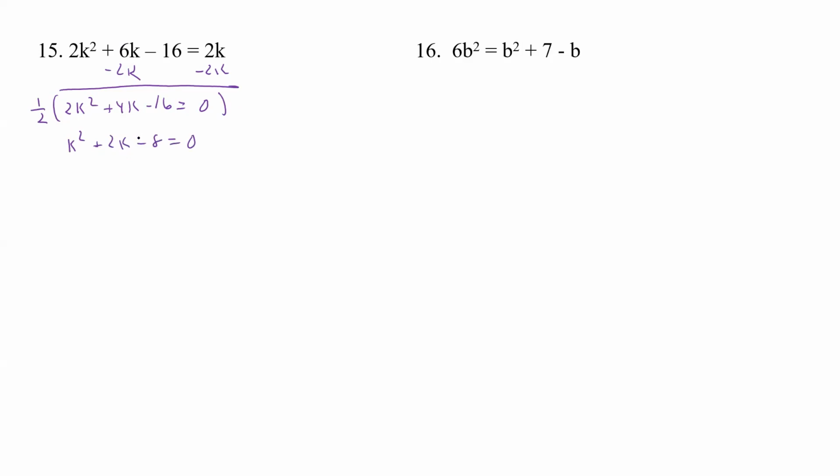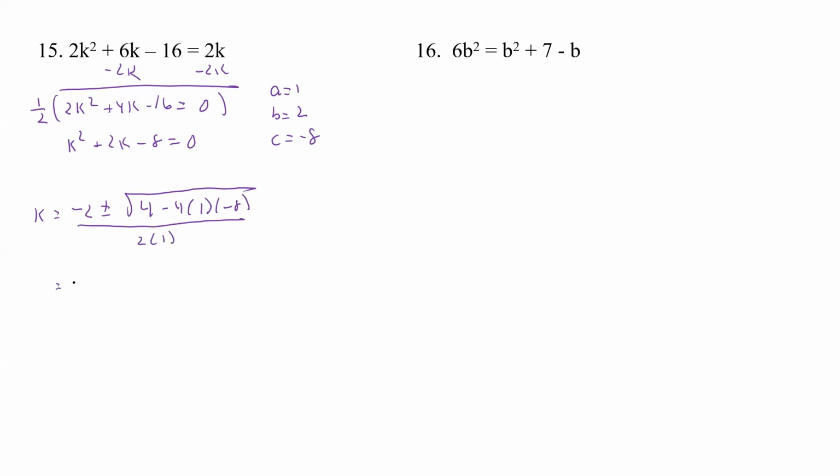Okay. Now this is another one we could factor and get an answer immediately, but we're going to use our quadratic formula. So a is 1, b is 2, c is -8. So we have now k equals minus 2 plus or minus the square root of 2 squared is 4 minus 4 times a, which is 1, times c, which is -8, all over 2 times 1.